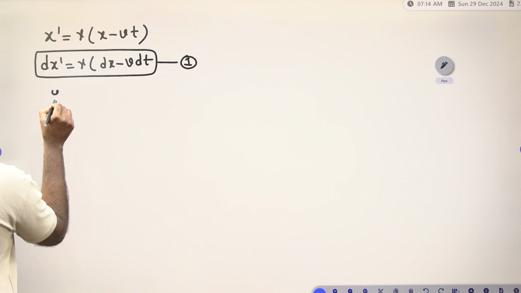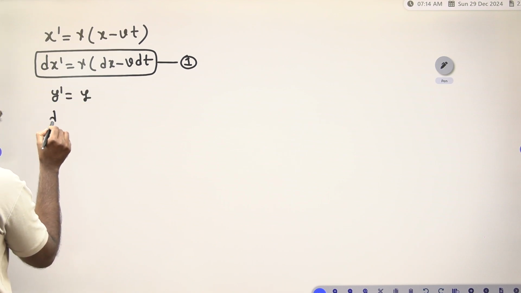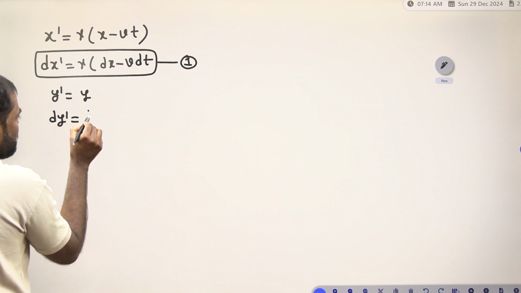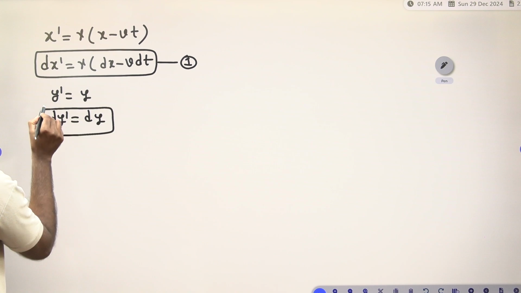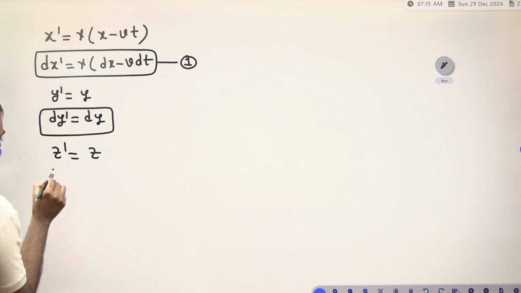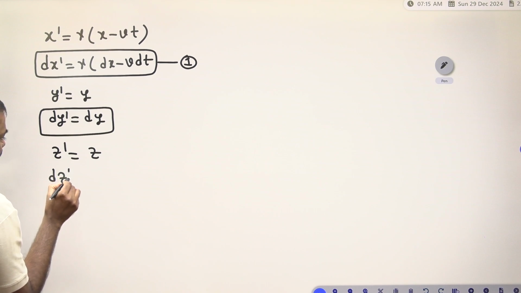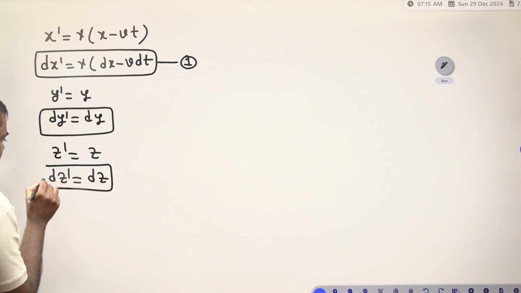Now y dash is equal to y, so dy dash is equal to dy, and similarly z dash is equal to z, so dz dash is equal to dz.